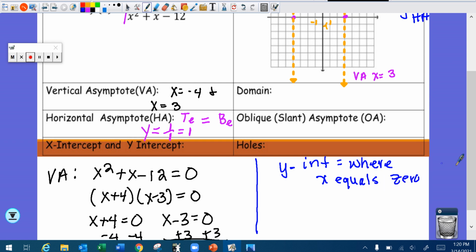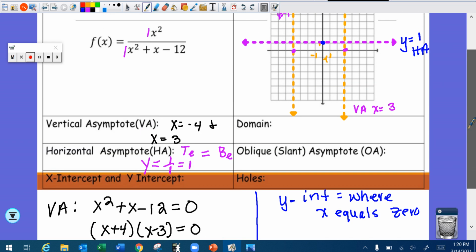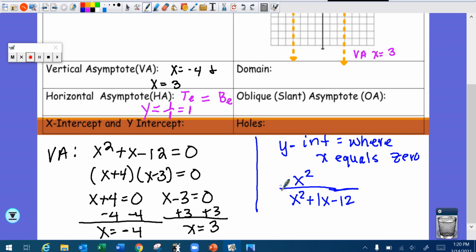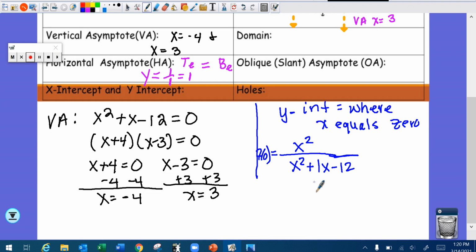And you can get it from the graph too, but I'm going to show you how to do it algebraically. So I'm going to take this function, x squared over x squared plus 1x minus 12. That's minus 12, right? Yeah. And everywhere there's an x, I'm going to put 0 in, because in order to get a y-intercept, the x value has to be 0.